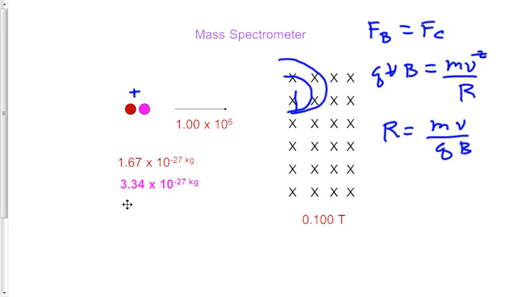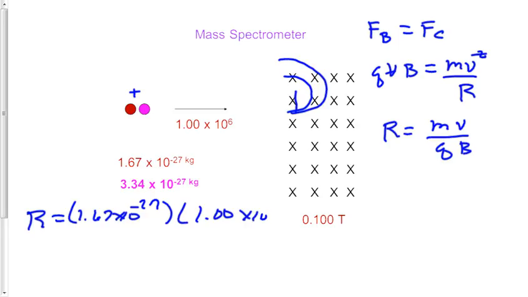So let's go ahead and solve the radius of curvature for each of these particles. The radius of the lighter one is going to equal 1.67 times 10 to the minus 27, multiplied by the velocity of 1.00 times 10 to the 6th, and we'll divide this by the charge.